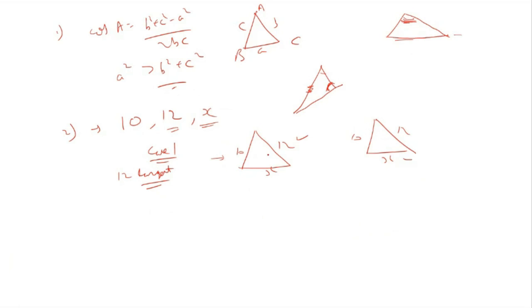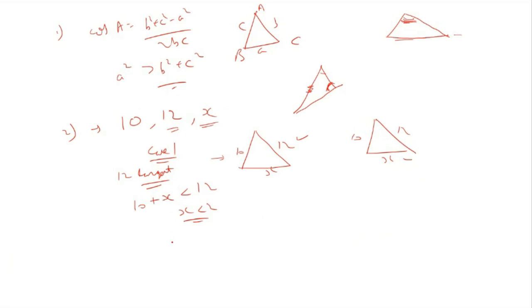If 12 is the largest, then the basic property of a triangle says that the sum of two sides should be greater than the third side, not even equal to, strictly greater. So if 12 is the largest, then basically 10 plus x should be less than 12, so x should be less than 2.